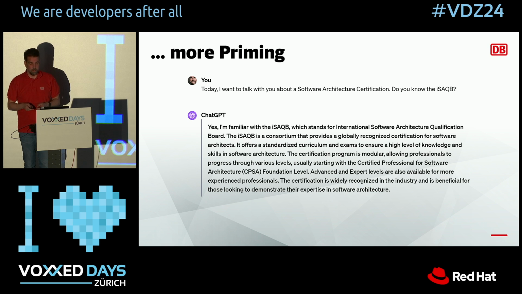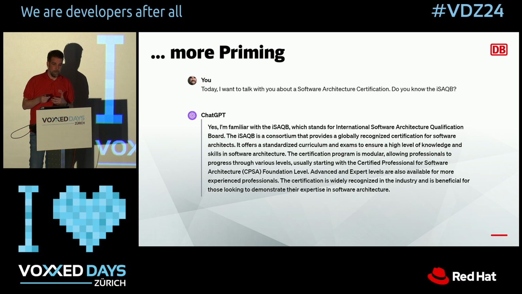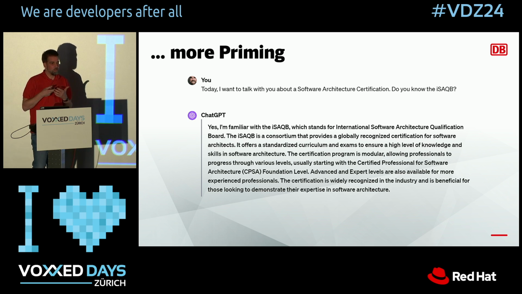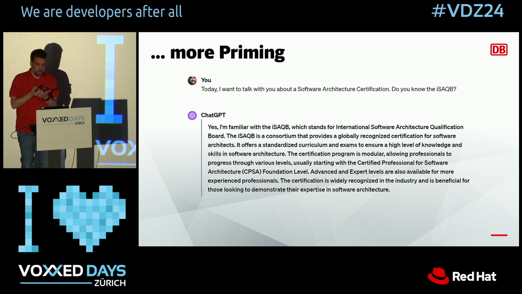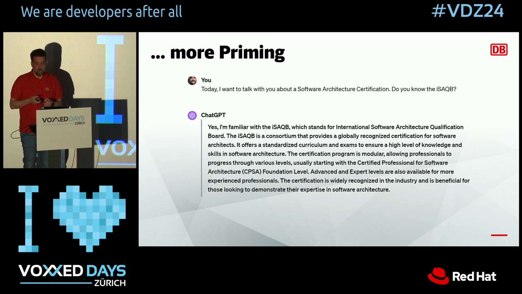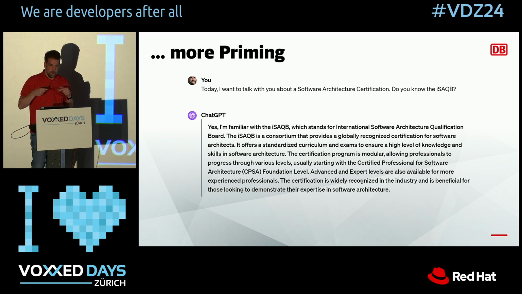I also start every session with a little bit of small talk. I ask the system whether it knows about the technologies and the things I want to talk about. So here I ask whether it knows iSAQB. This way it creates its own context.